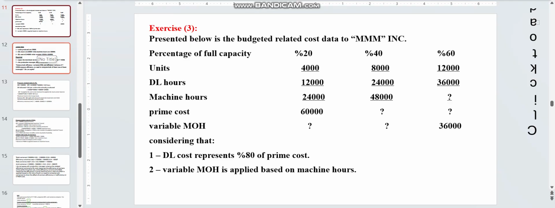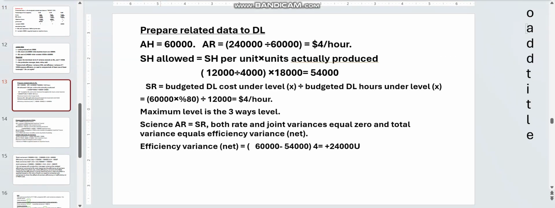Accordingly, standard rate could be computed as: first, we get budgeted direct labor cost as 60,000 times 80%. This is 48,000 over 12,000, the related level of direct labor hours.